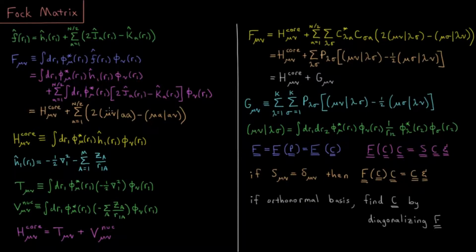Okay, so using those kinds of definitions and doing the substitutions we've been doing thus far, we get that the Fock matrix elements are going to be f mu nu equals h core mu nu plus sum a equals 1 to n over 2, all of the occupied spatial orbitals, and then times the sum over lambda and sigma of c star lambda a, c sigma a, times 2 mu nu lambda sigma minus mu sigma lambda nu for the Coulomb and exchange parts there.